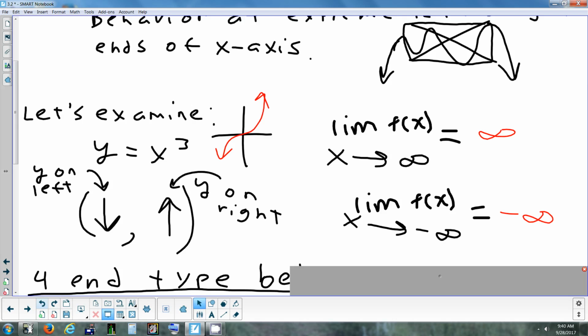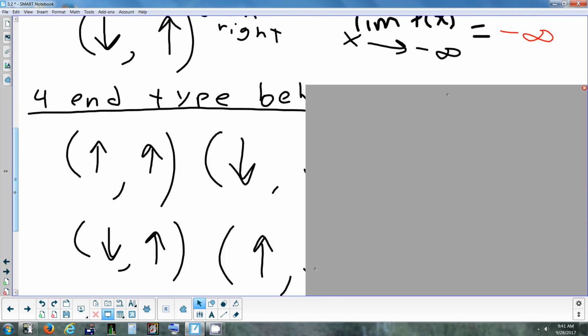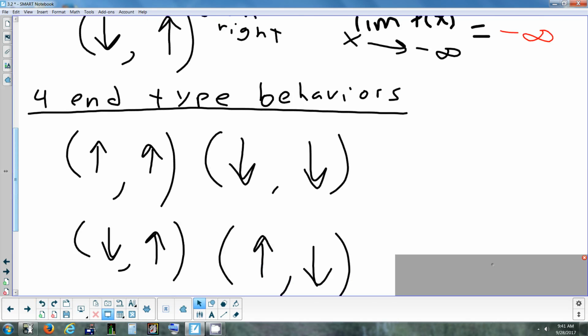All polynomial functions either head towards infinity or negative infinity for the end behavior. Some go up, some go down, some both go up. There are 4 different types of end behavior. A parabola would be an example of an end behavior that's up, up.